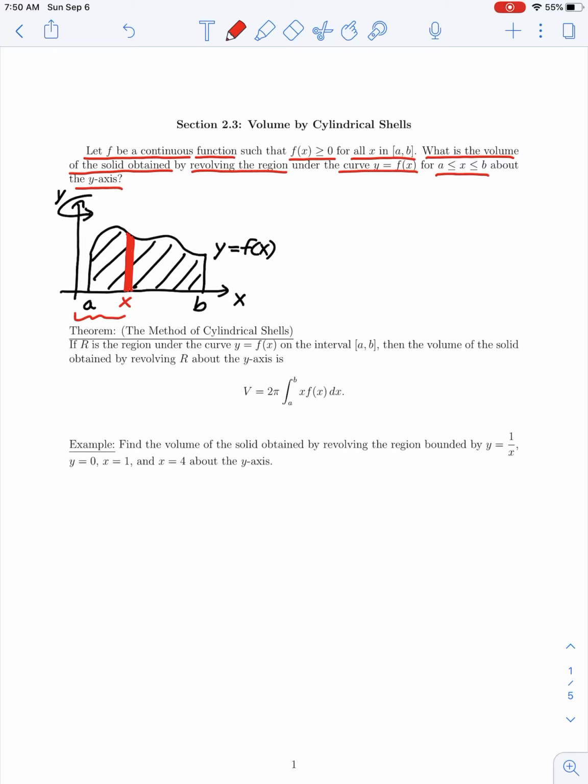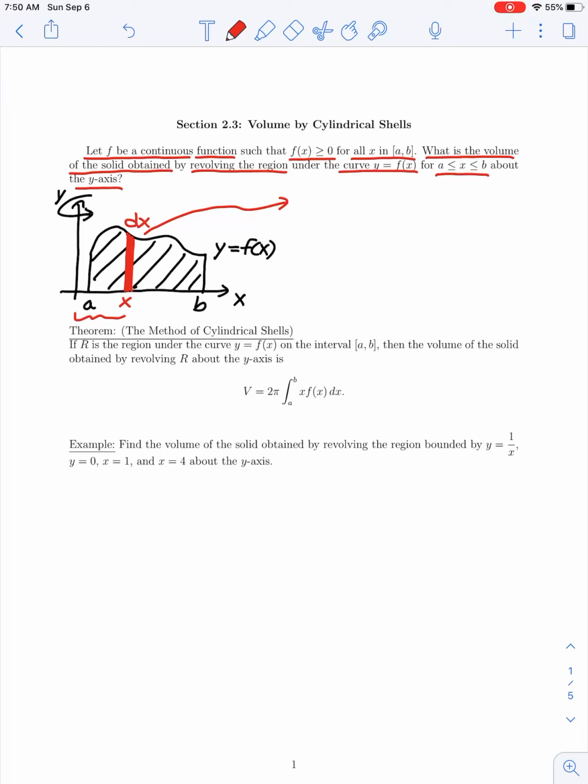And let's call the thickness of this slice dx, a differential of x. So if we take this little vertical strip or slice and we revolve it about the vertical line, the y-axis, or x equals 0, let's think about what sort of shape we would get.